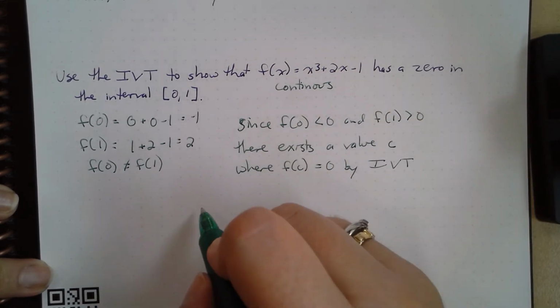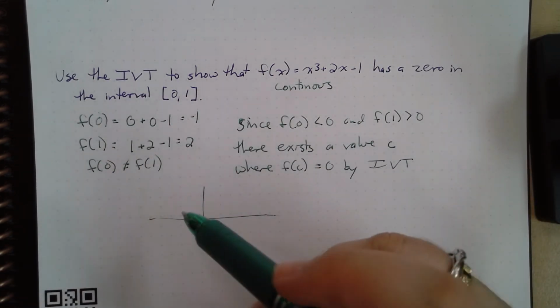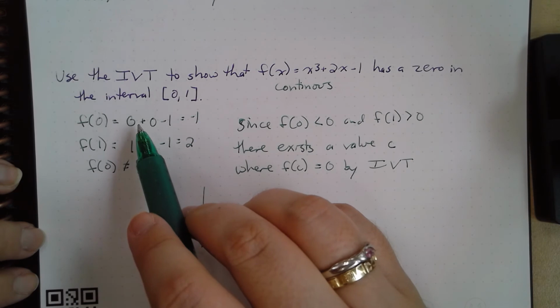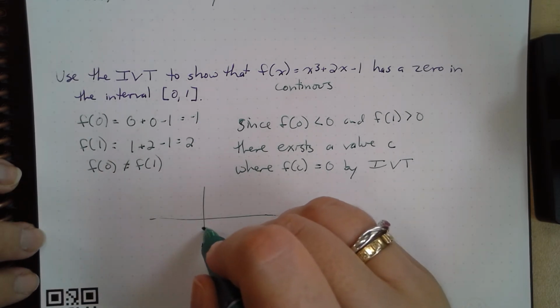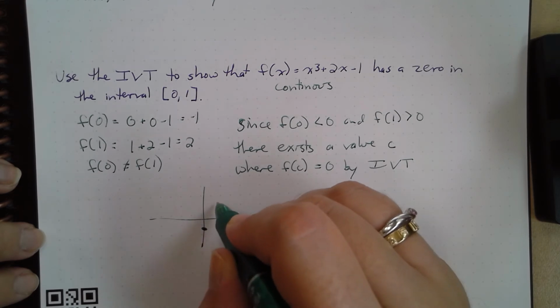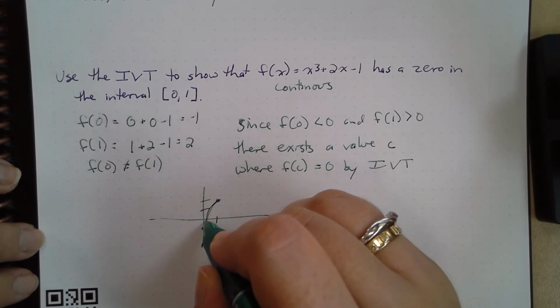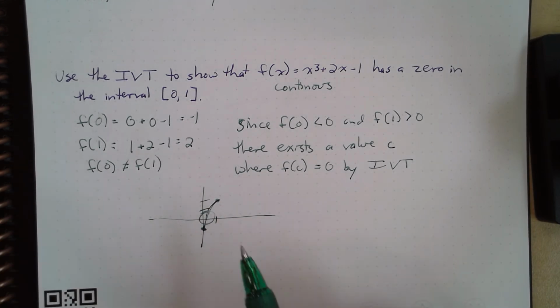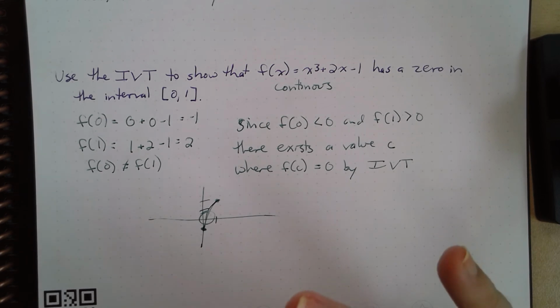And that makes sense, right? So if I've got this, I don't know exactly what's going on here with this function, but at some point in time, it's less than 0, it's negative 1, right? And at 1 it was 2. I don't know what this value is, but I know that there is a 0 that exists. And that's what the intermediate value theorem tells us, and that's what it explains.